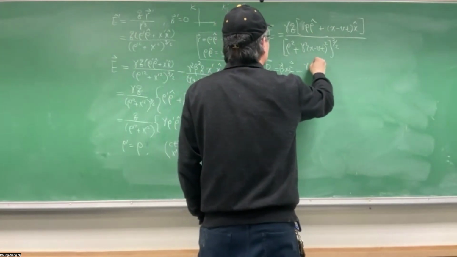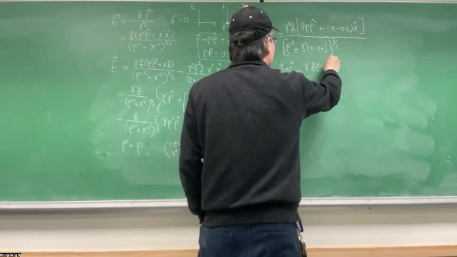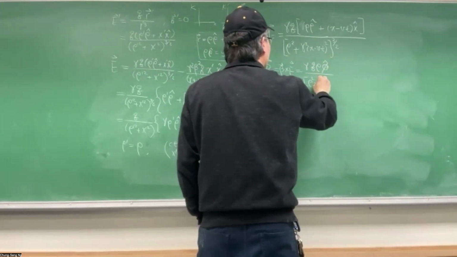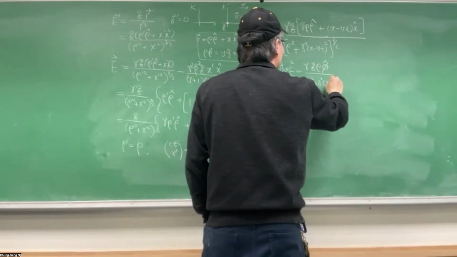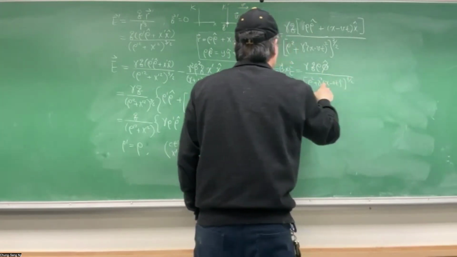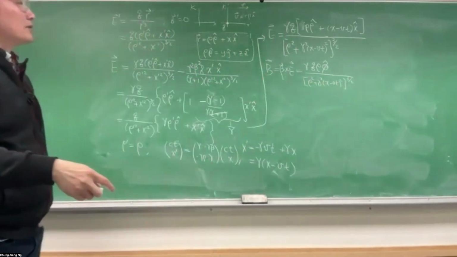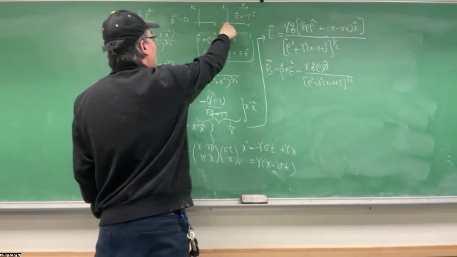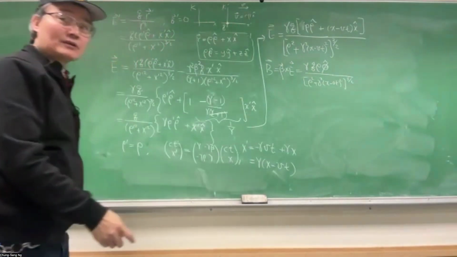So rho phi divided by the same thing. There's a magnetic field associated with the moving charge. So these are the fields of the charge moving with velocity v in the K-frame.